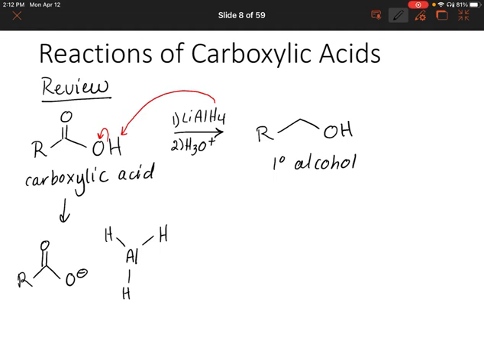Now the oxygen in the carbonyl group is going to donate its electrons to aluminum's empty p orbital. At the same time, one of the hydrides is going to move over.